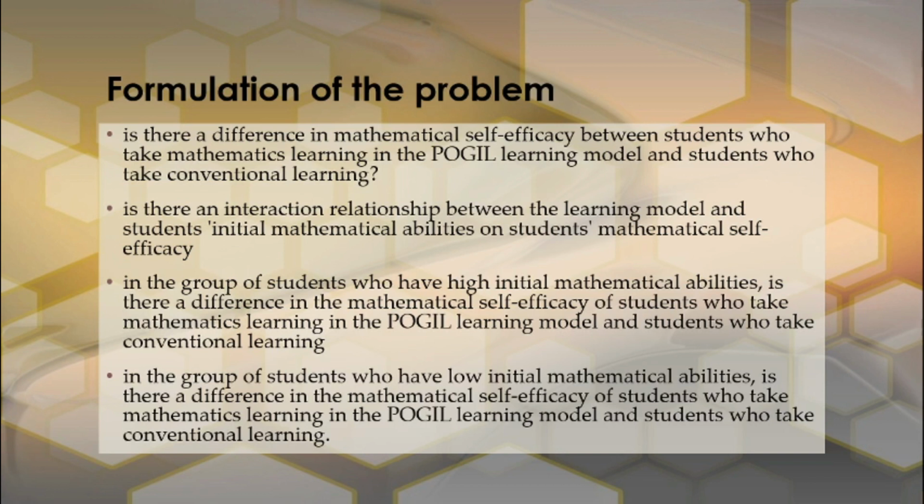And the problem 4. In the group of students who have low initial mathematical ability, is there a difference in the mathematical self-efficacy of students who take mathematical learning in the POGIL learning model and students who take conventional learning?